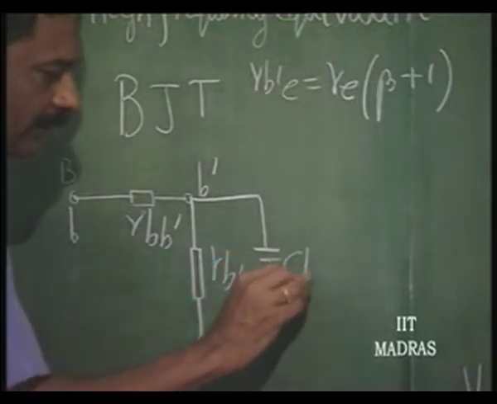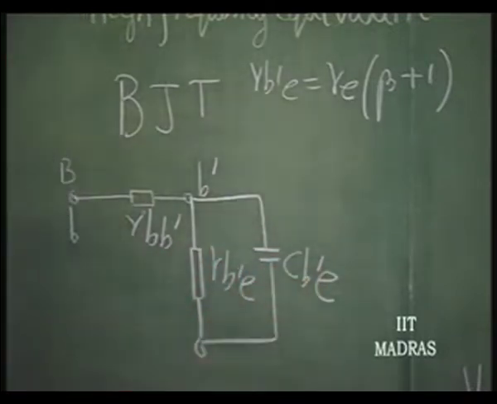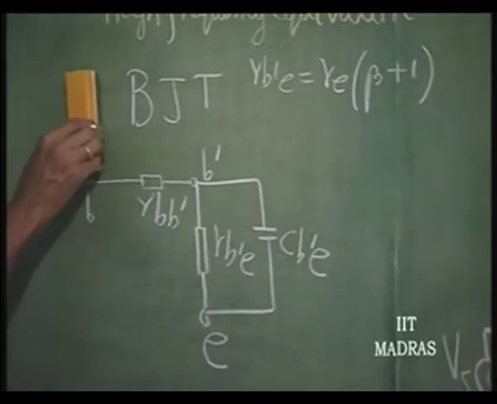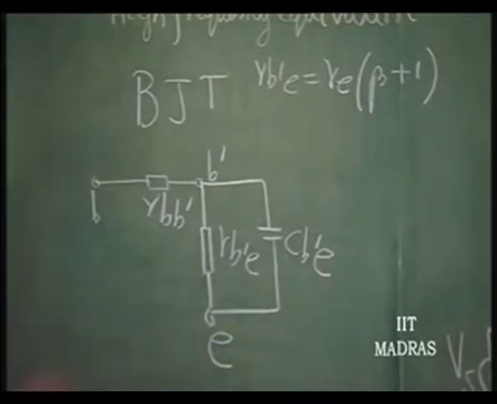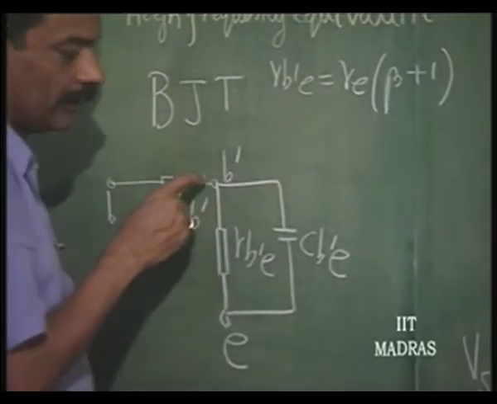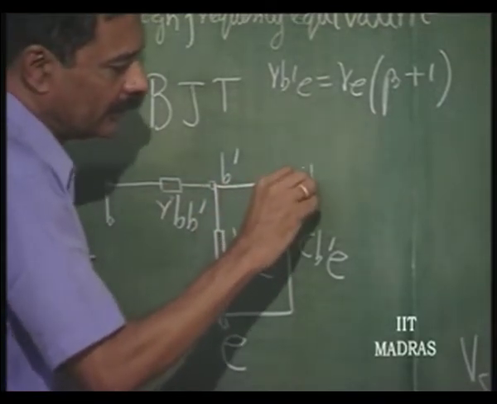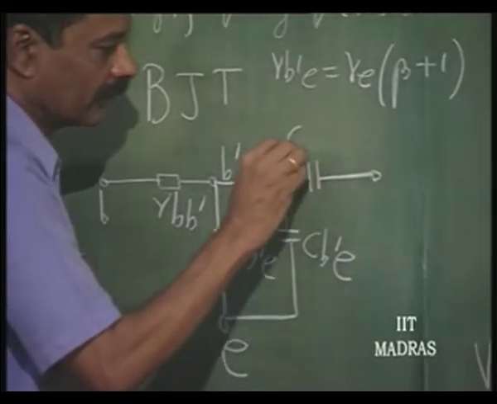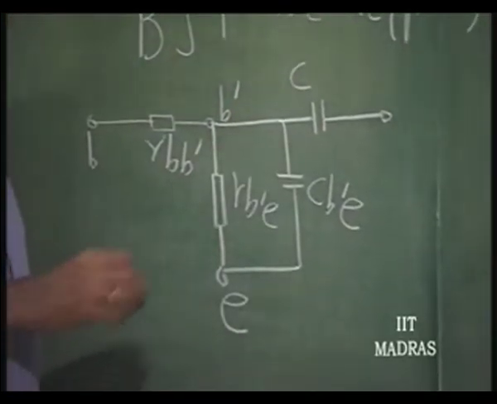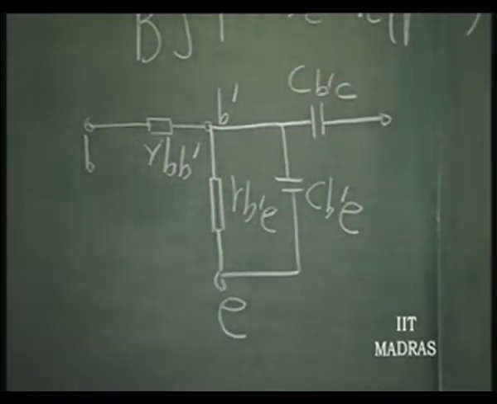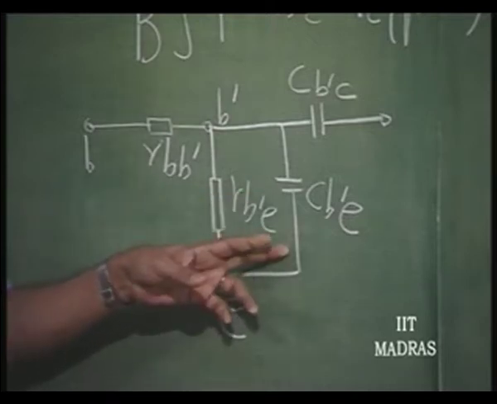So, this is Cb dash E. So, we have the emitter here. Then from the base to the collector, there is a capacitance, because it is a reverse bias junction. So, this is Cb dash C. This is going to be lower in order of magnitude, because this is a forward bias junction, right.